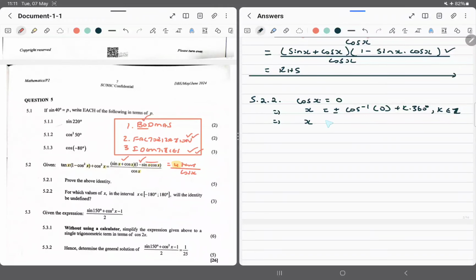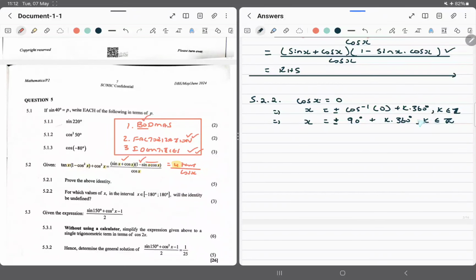This implies that x is equal to plus or minus arc cos of 0 is 90 degrees. That is the first quadrant angle equivalent, plus k 360 degrees, where k is an element of integers. Obviously, we can see here that minus 90 and plus 90 fits in this domain given.